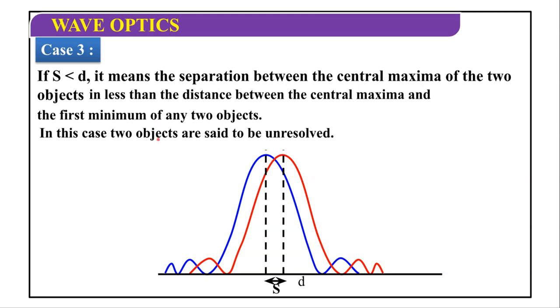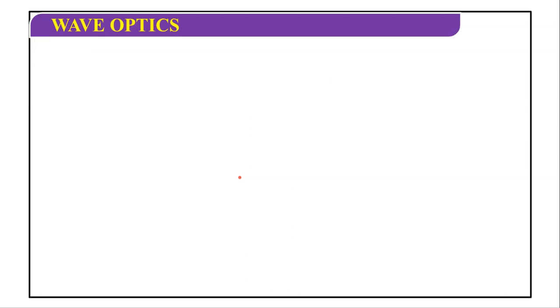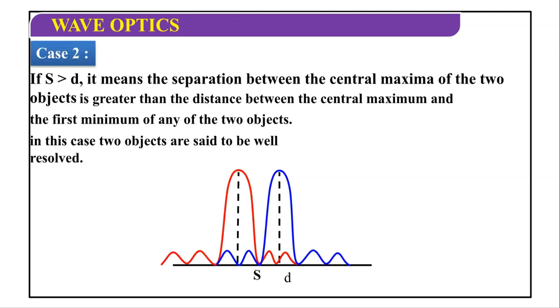As you can see, students, here this S is so much less than D that the peaks, if we look from the outer side, just overlap with each other. In the previous case, as you can see, if I take the gaps, in between we have two maxima.